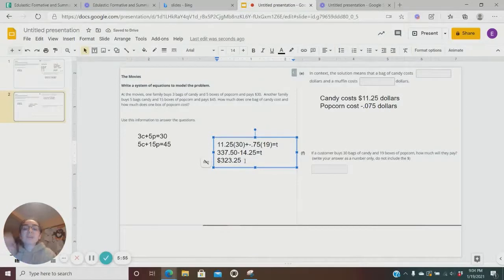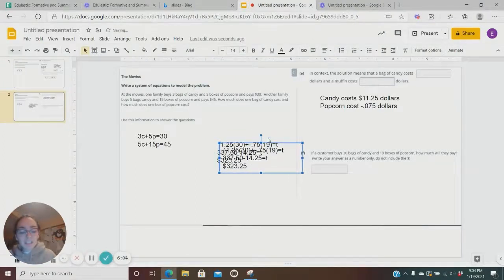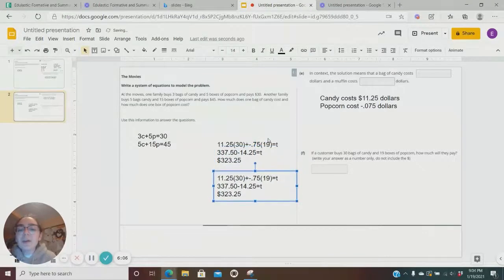So that's one answer that I'm going to take here, 323.25, because in this story, that's how much it would cost. But now I want us to think about it logically, in the way that you're not going to pay negative 0.75 for something. Unless you're an extreme couponer, but I don't think you guys are extreme couponers. So what we could also substitute in for the price of the popcorn would be zero.